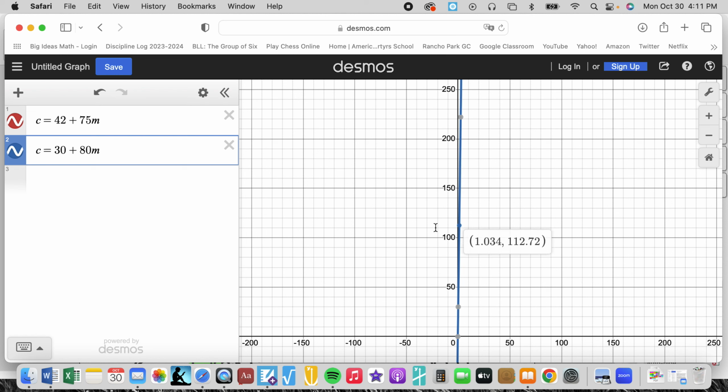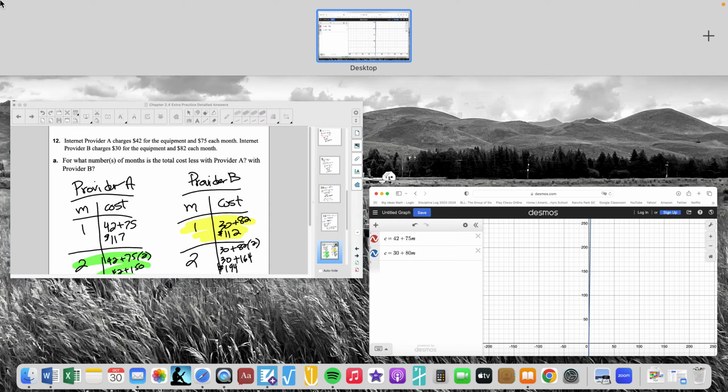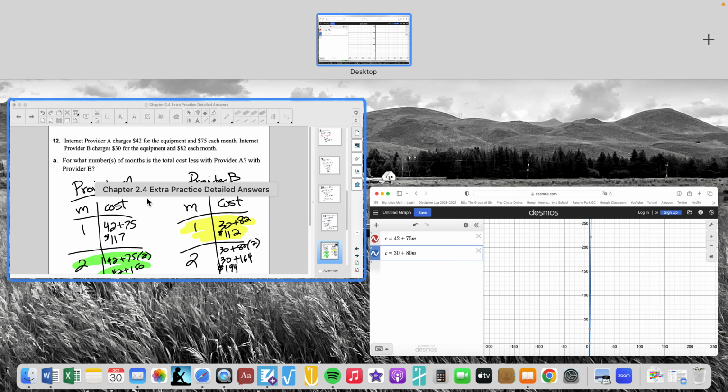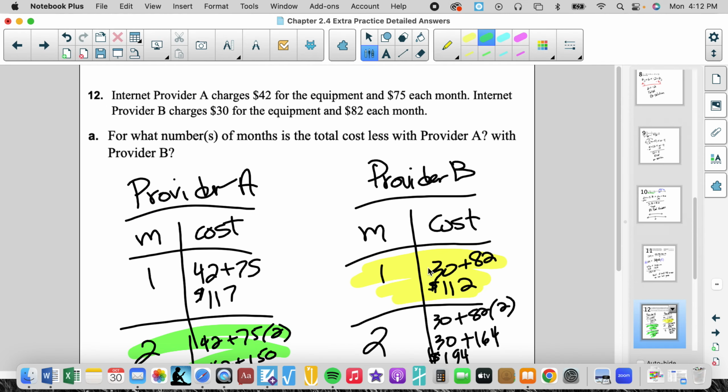Let's find 1 month, and I think we're on the blue. So 1 month is going to be $110. Did I calculate it correctly? Let's see that again. Did I do some bad math?